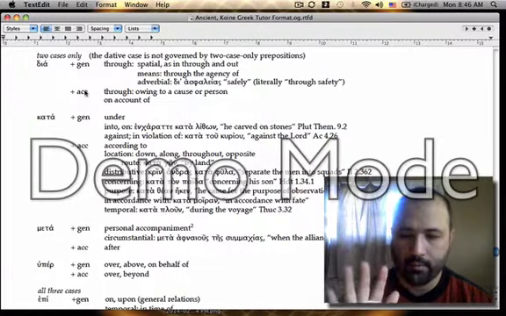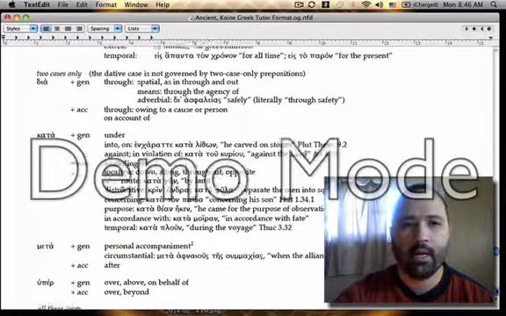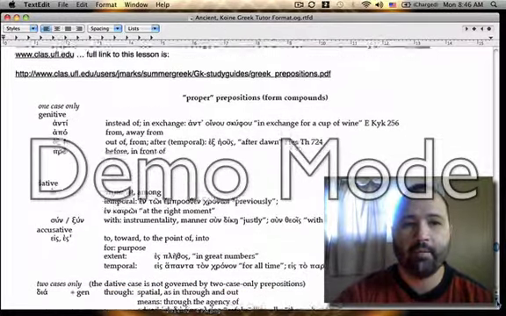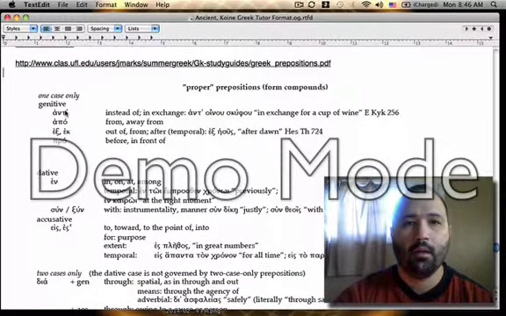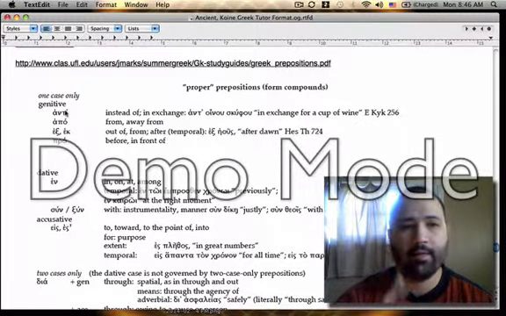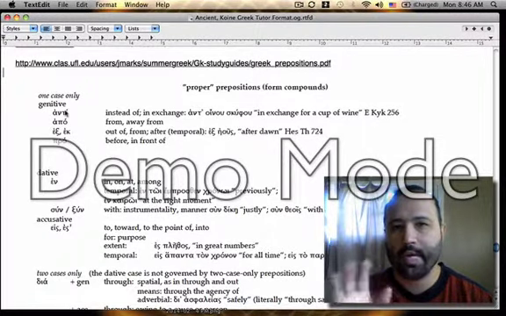Now note this down for prepositions. What you're seeing here in this chart is standard. You cannot use, for example, adi with other cases. It doesn't work that way. Each preposition is used with a specific case or cases in Greek.